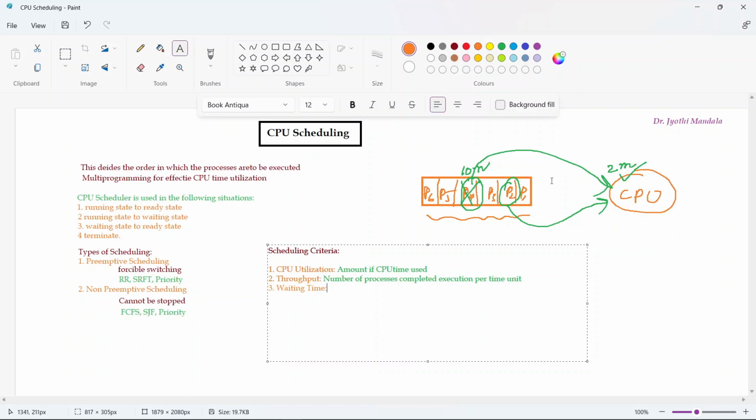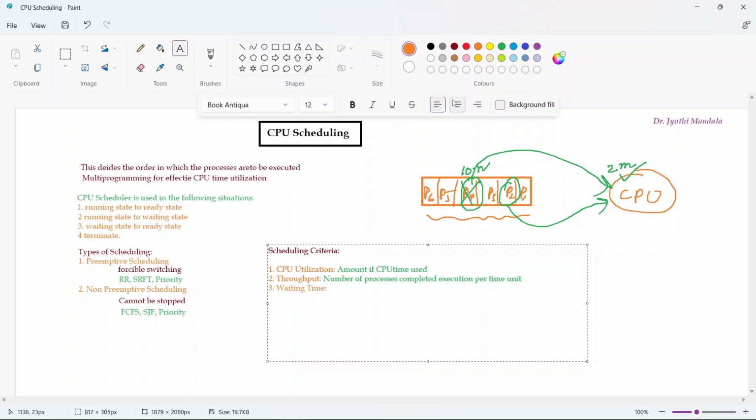That means it is waiting for the CPU time, it is waiting for its chance. Here they are waiting, right? Now the amount of time a particular process has been waiting in the ready queue to get a chance to be executed by the CPU is called waiting time. In other words, how much time the process waits in the ready queue. That time is called your waiting time.